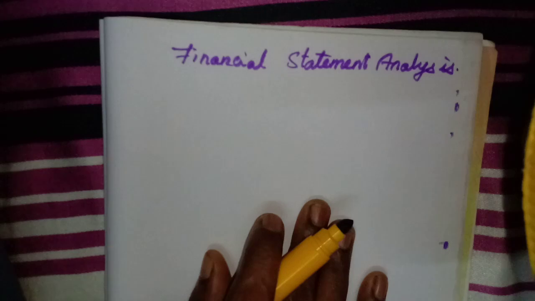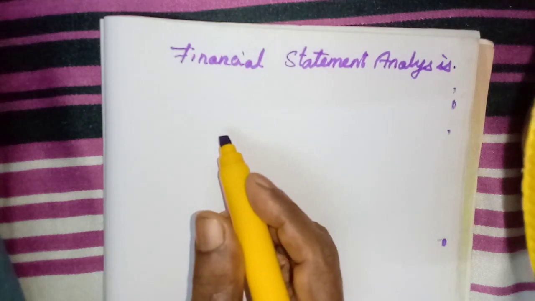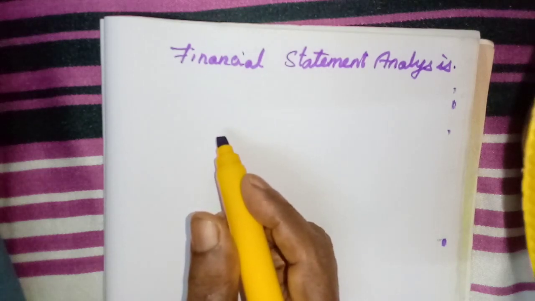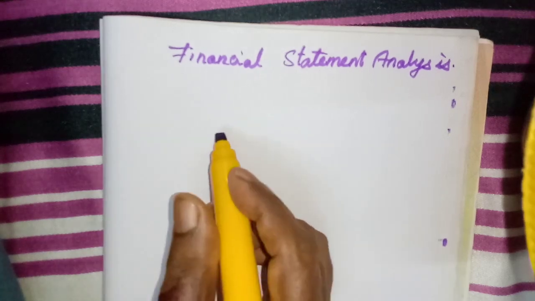From the income statement we can find out the actual profit or loss of the business operation. Then from the balance sheet we can ascertain the financial position of the business.